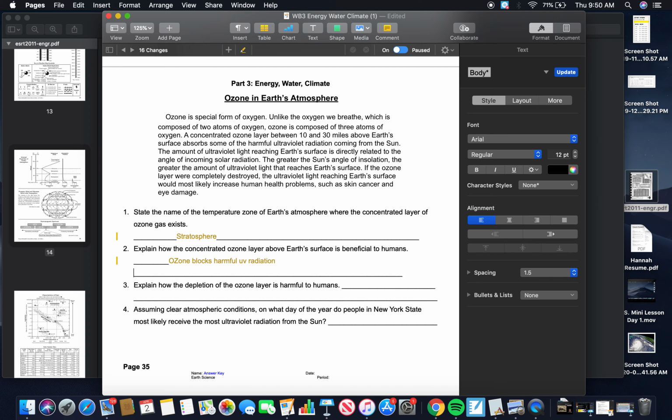Okay, next we have explain how the depletion of the ozone layer is harmful to humans. Right there, it says that.